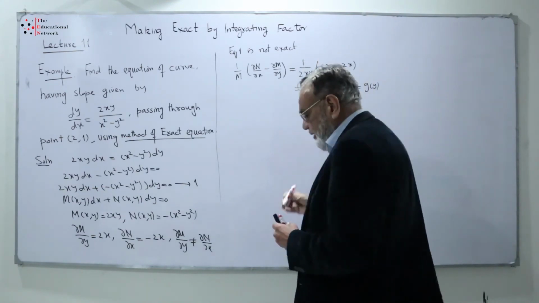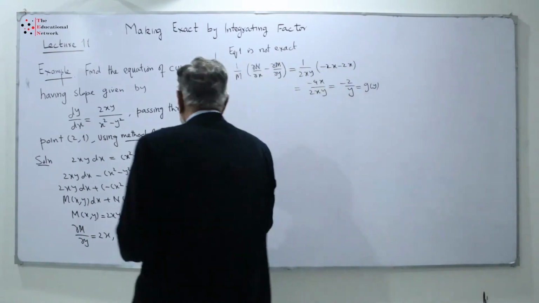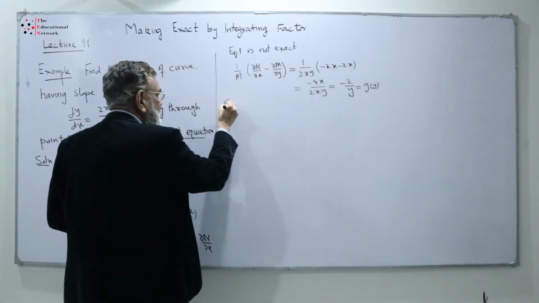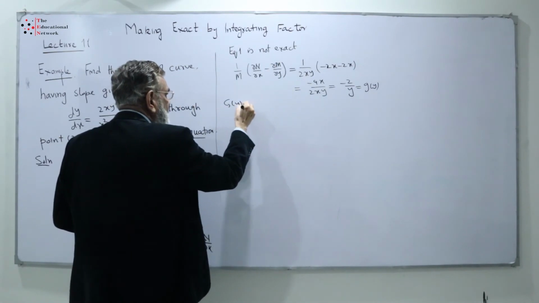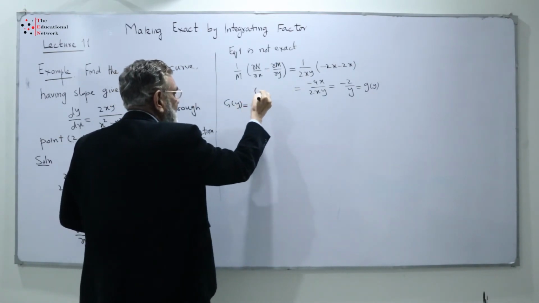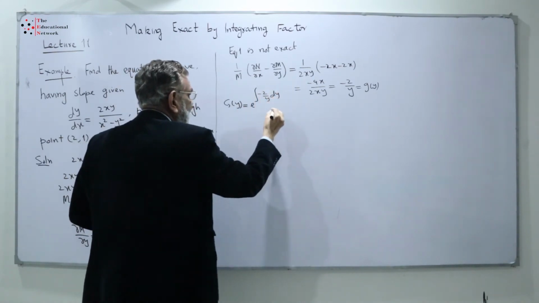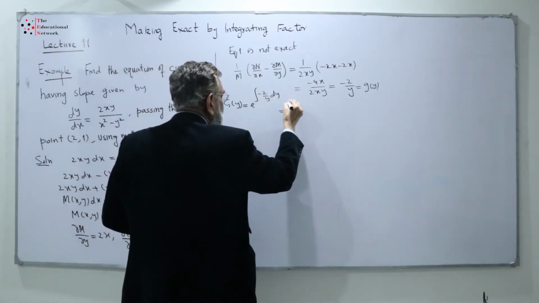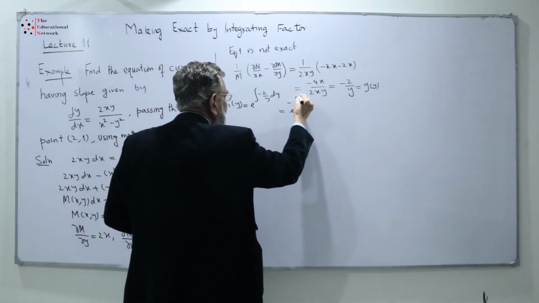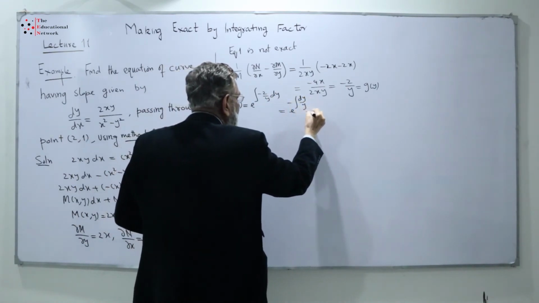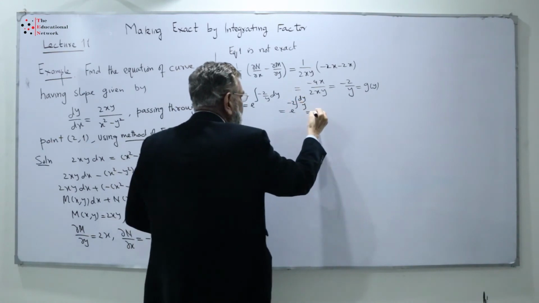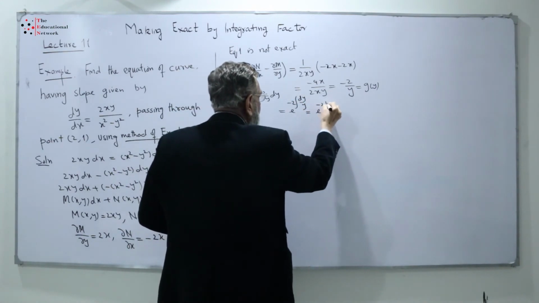So it means I can find the integrating factor. So I write my integrating factor g(y) is equal to e to the power integral of g of y. My g of y is minus 2 over y dy. I can write this equal to minus 2, we take common, and we write here dy over y. I'll get here this equal to e to the power minus 2 ln y.